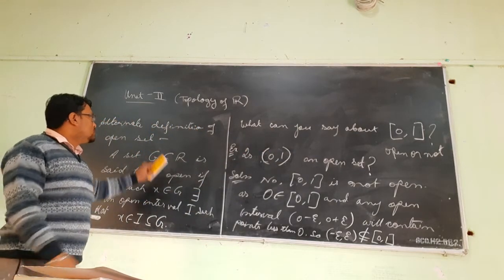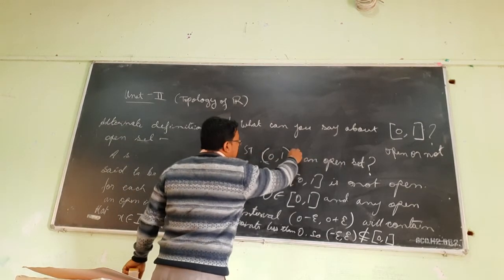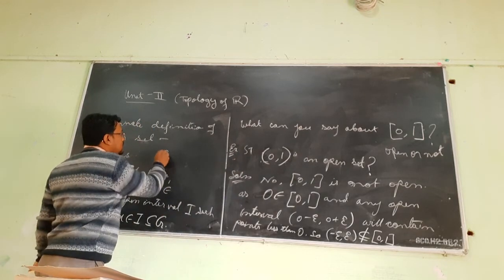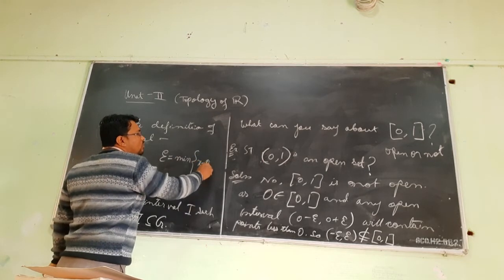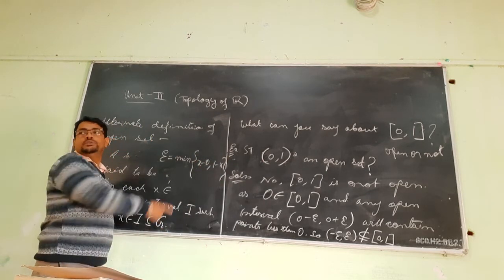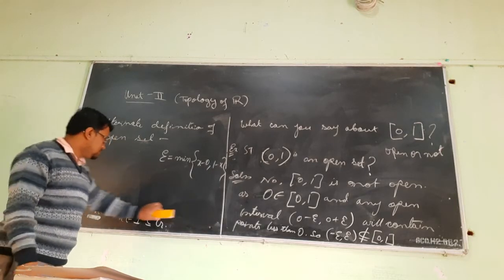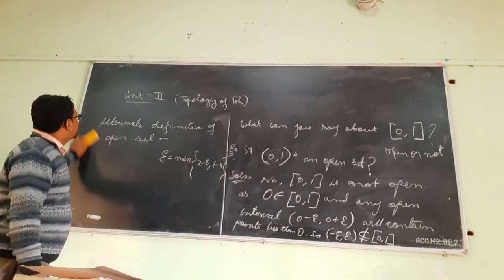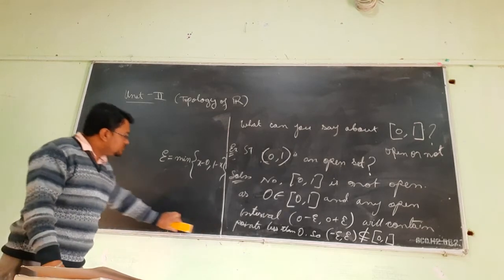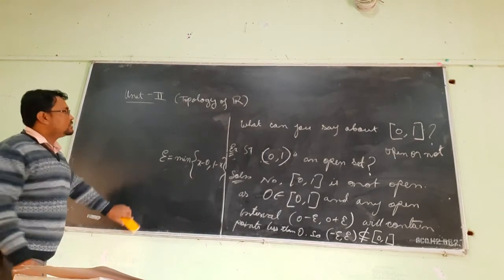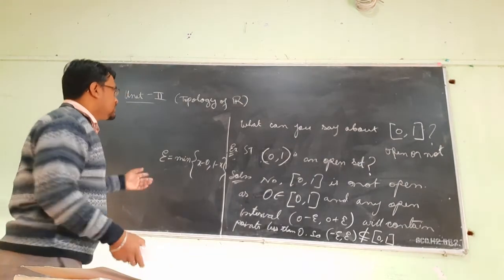If your question is to show that 0 1 is an open set, you take epsilon as the minimum of x minus 0 and 1 minus x, and then show it, just like we have shown. Or if you use the alternate definition, it's obvious.